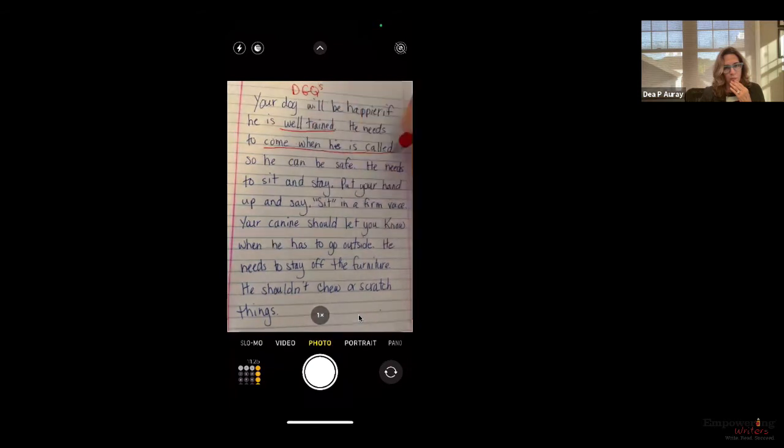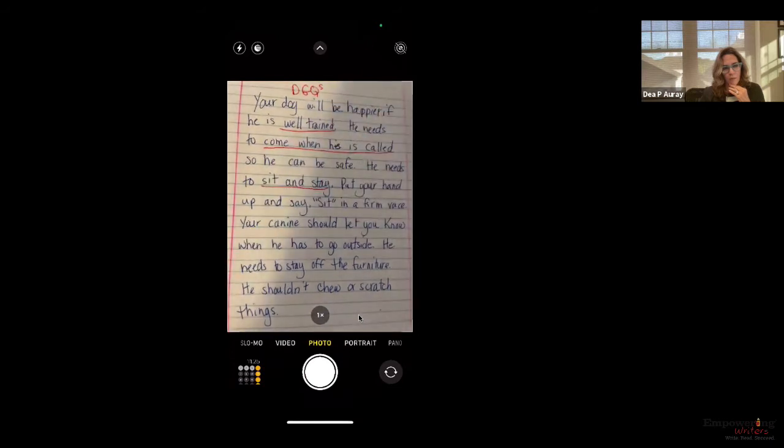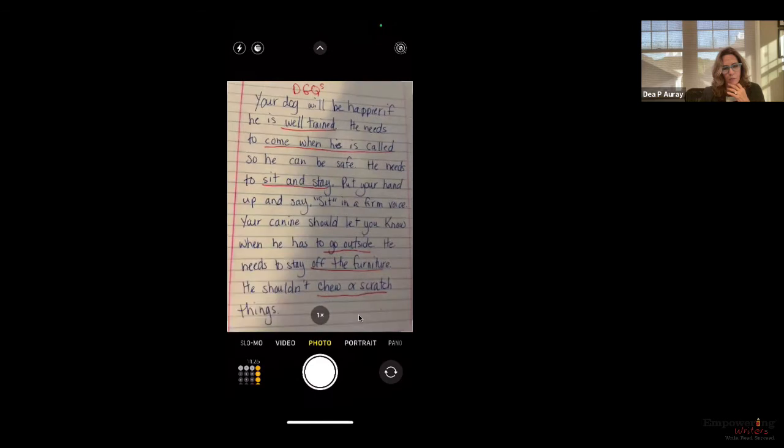That's our first detail, so he can be safe. He needs to sit and stay. There's another detail. Your canine should let you know when he has to go outside. He needs to stay off the furniture, and he shouldn't chew or scratch things. So this particular student has 5 details, which is fine. It basically follows the pillar structure, and he or she added an extra detail.